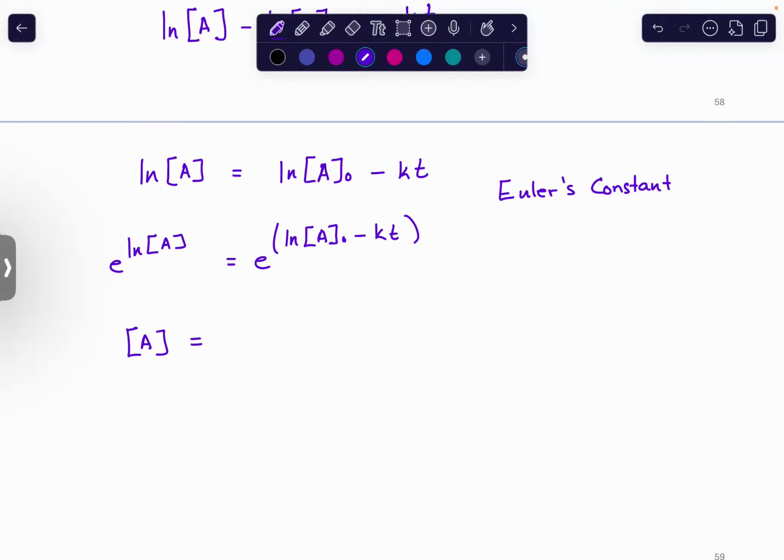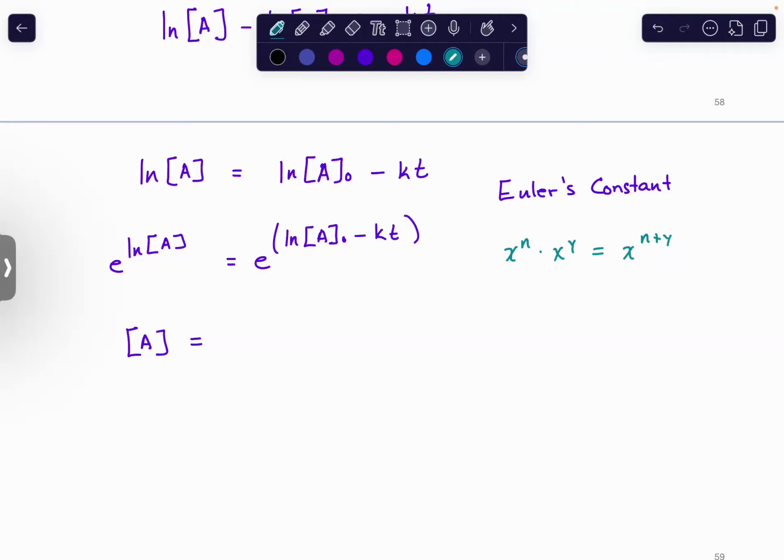So then on this side, now we're going back to a little bit of algebra called how do exponents work? So you see I had the exponent of the natural log minus kt. Can I just turn that into the exponential of natural log minus the exponential of kt? No, I absolutely cannot. So what if I had x^m times x^n? Close. What do you do to the exponents when you multiply these two?